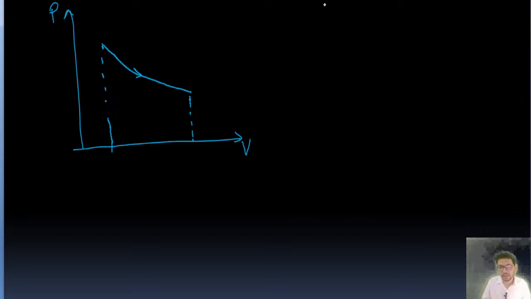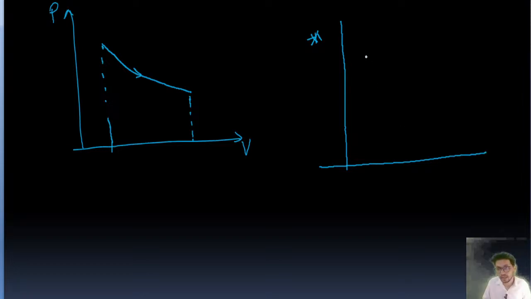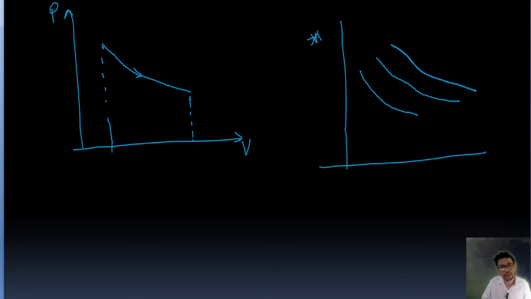Also this type of question can be asked, and even it is asked. A PV curve is given, and different isothermal curves are given. One is this, one is this, and one is this. Not looking exactly the same, but you can understand.